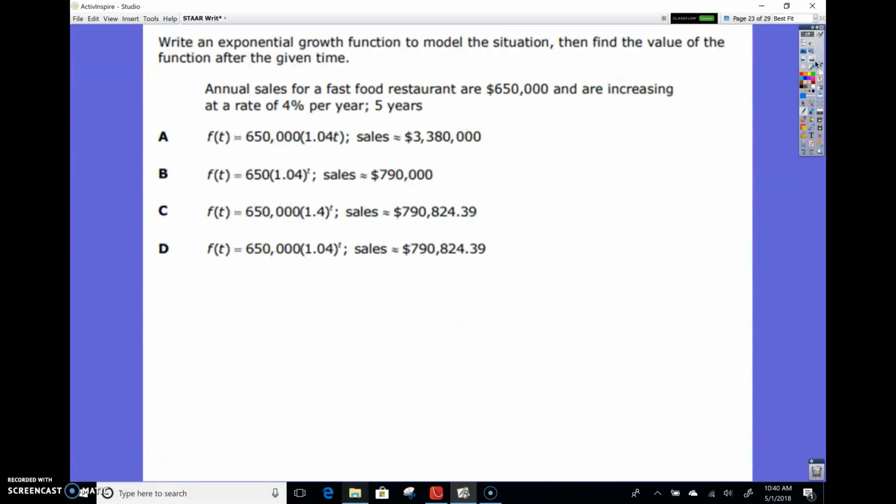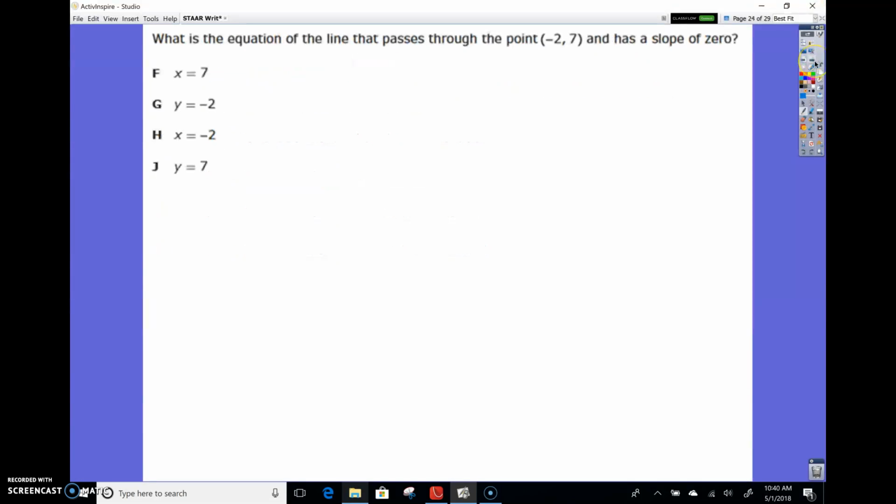Okay, go ahead and do this one on your own. Okay, what is the equation of the line that passes through -2, 7 and has a slope of 0? What you want to do with these problems is put these in the calculator.